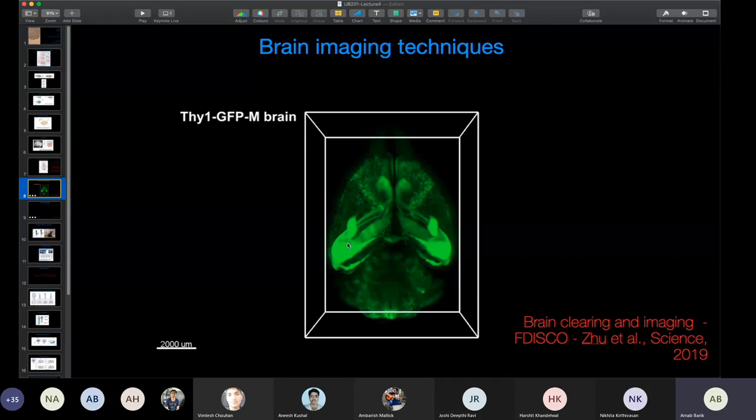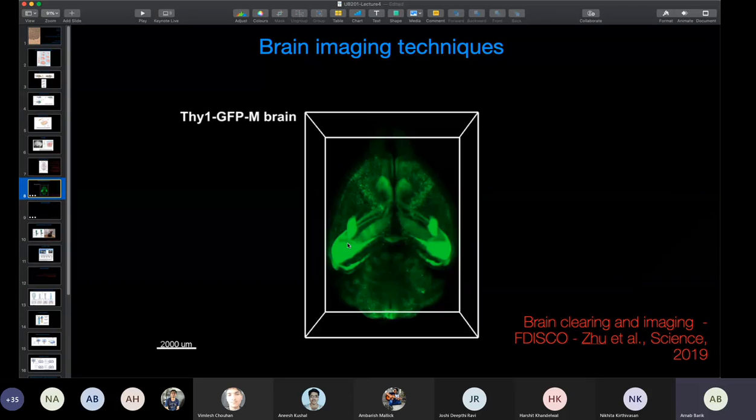The problem is that we are not really looking at the whole brain. At a time we're looking at a 50 micron section. And going section by section is very time consuming, very expensive, and we don't gain a full understanding of what's going on in the nervous system.